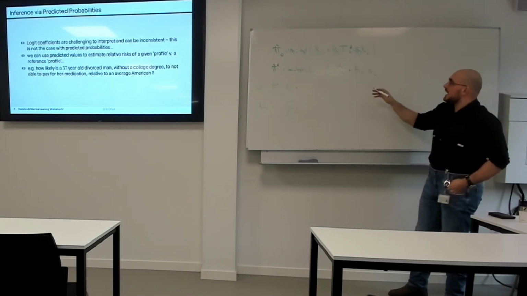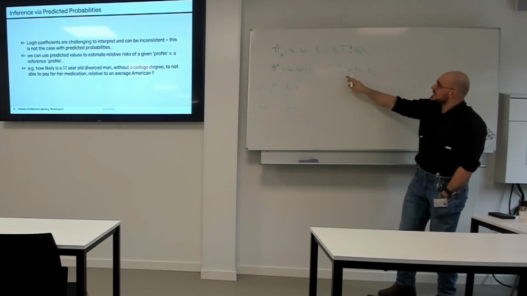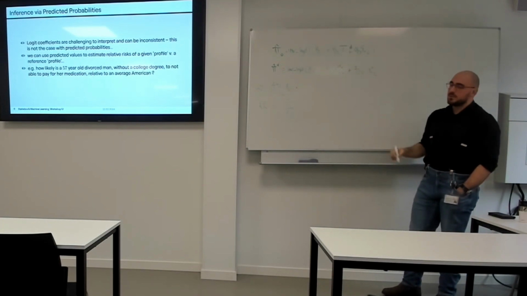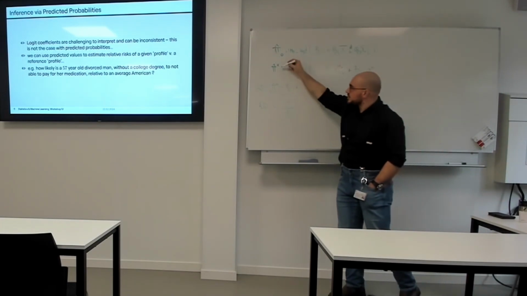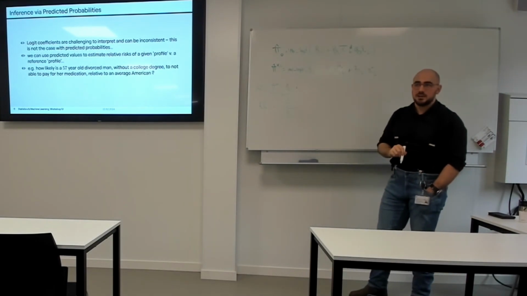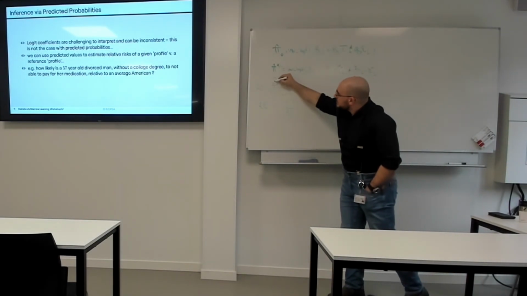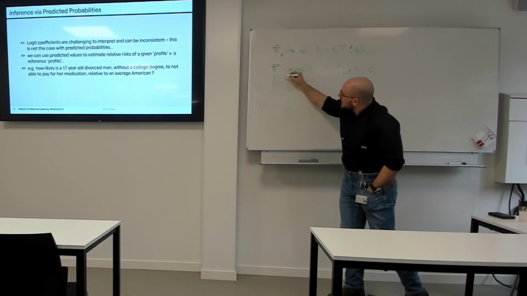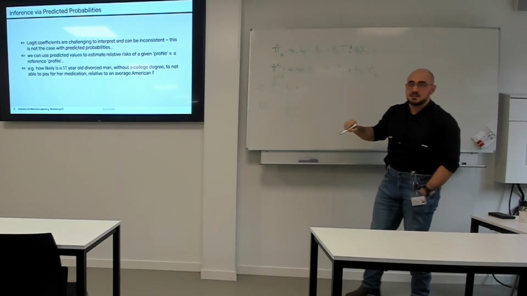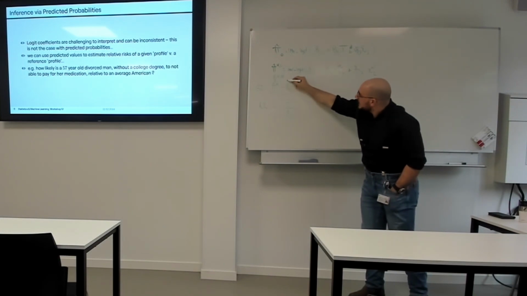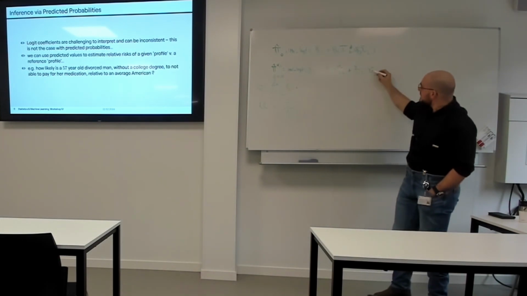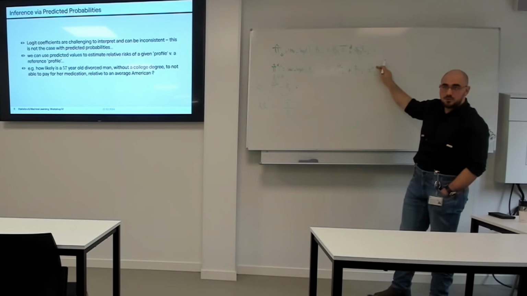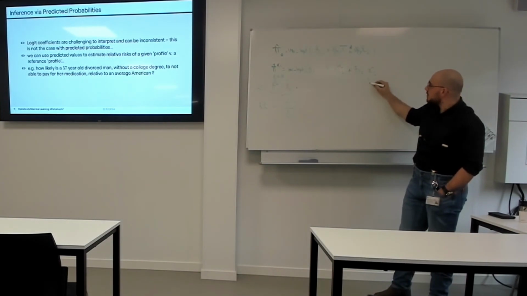So I can say, okay, let's imagine a guy who has high level of education and a low number of guns. And let's get its prediction. So that's high level of education, low number of guns. And then let's do it again, but this time, let's do high level of education and high level of guns, right? And then I do another one of these. This time, instead of setting X to low number of guns, I set it to high number of guns.